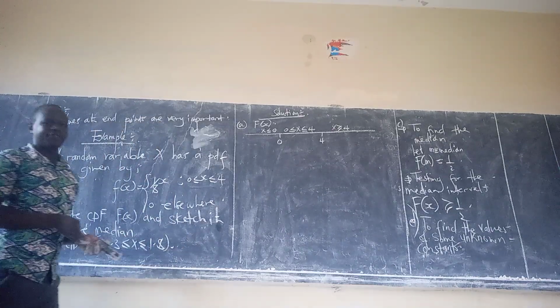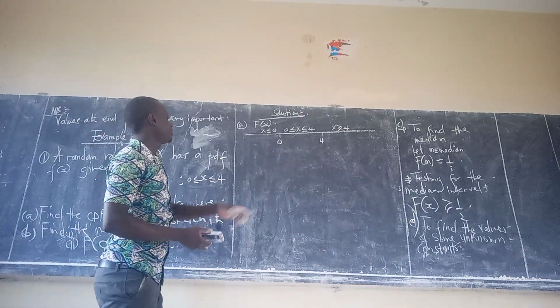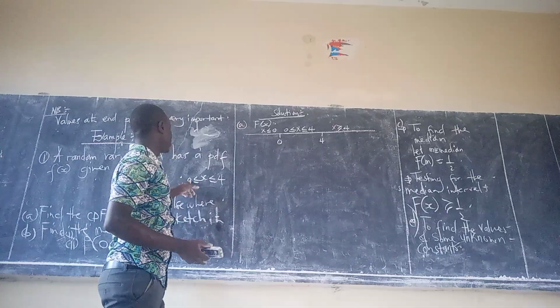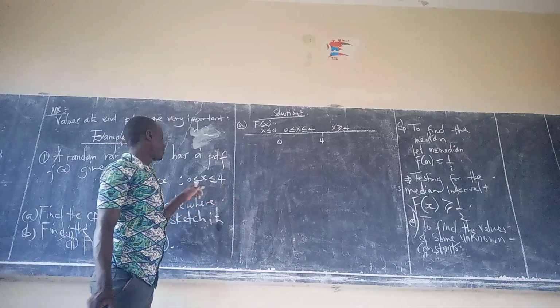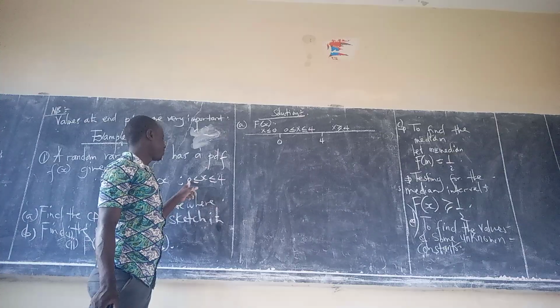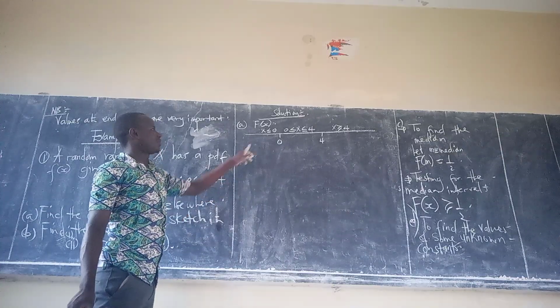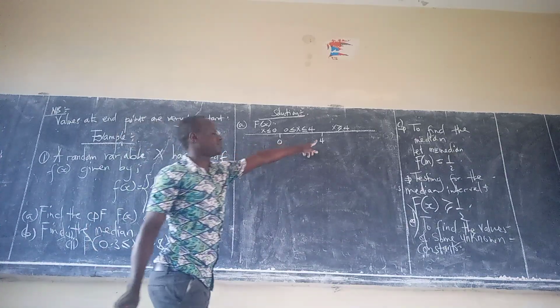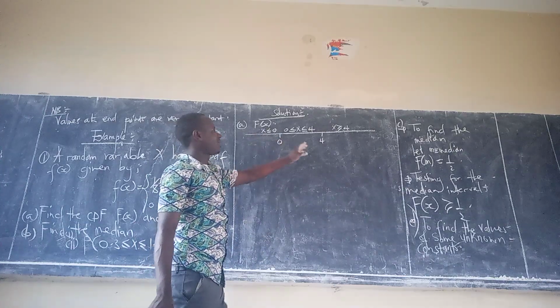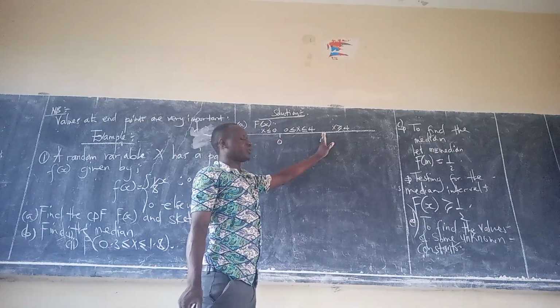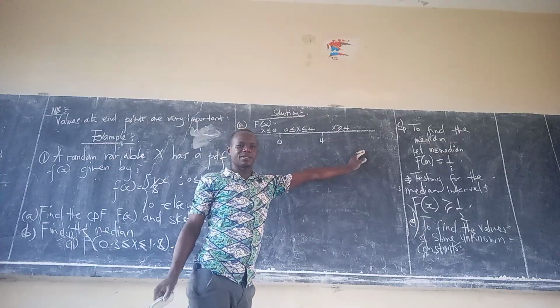Now our PDF is only defined in the interval from 0 to 4. And because it is a simple one, we are going to first deal with the interval from 0 to 4. Then we shall see how you use this interval to get the capital F of x of this part, and how you use this interval to get capital F of x of the other part.